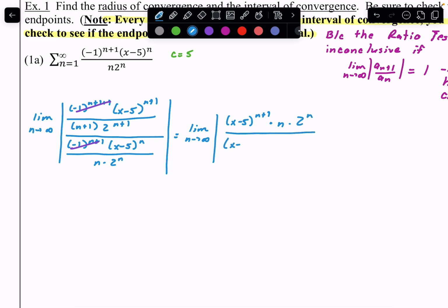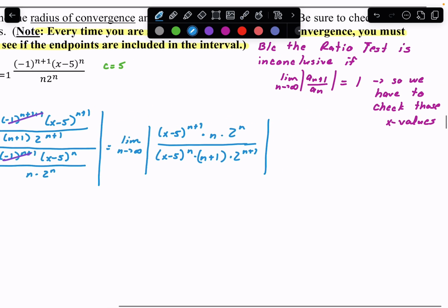Then I've got x minus 5 to the n times n plus 1, let me get that in parentheses, times 2 to the n plus 1. Notice that this variable is an n. It's not an x. So I am going to reduce where things are reducible, but I am going to pay careful attention to that.